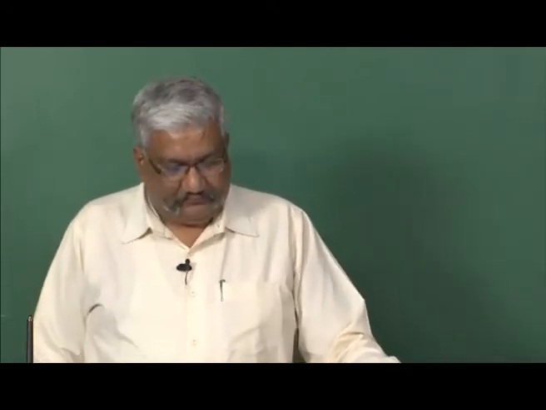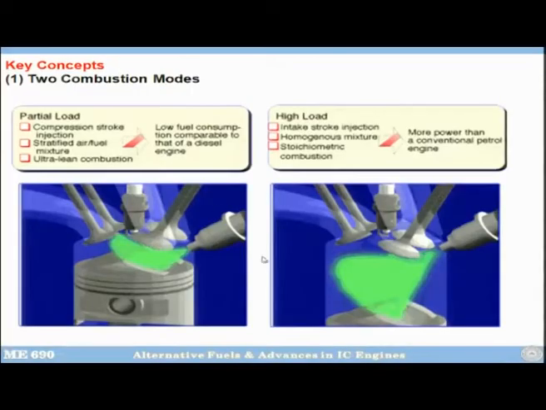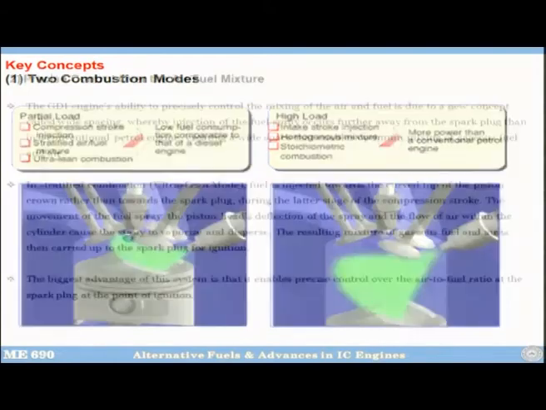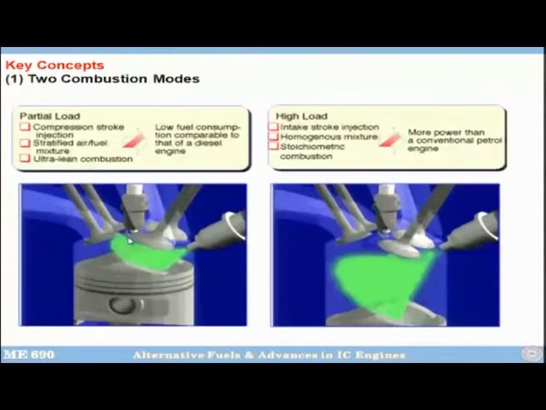So here, this cartoon actually explains these two combustion modes. This is the partial load condition. In the partial load condition, the piston is coming up and you are doing this injection, and through this curved top piston you can see all the fuel will get concentrated very close to the spark plug.